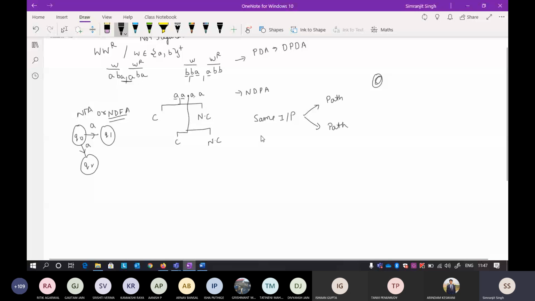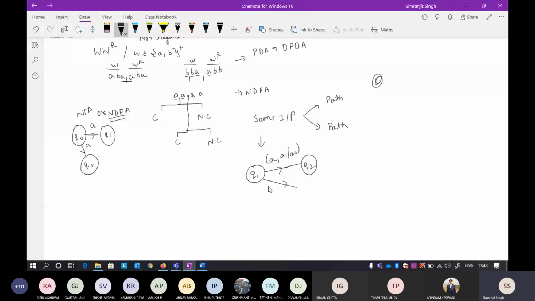In this context, it will look like this: you are at some state, you got an input of A, and at the top of the stack there is a Z node. Suppose there is something like this. At the top of the stack there is A again, and you are pushing that A, so you are going towards state 2.